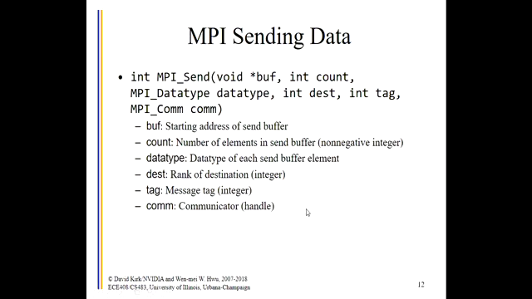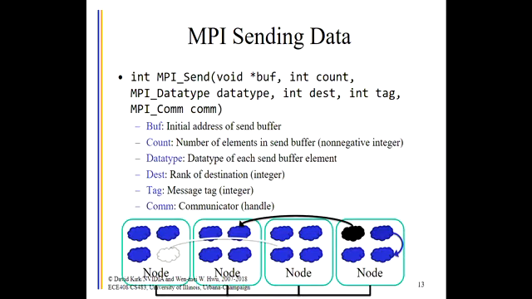The communicator essentially tells you which group will be involved in the send and receive, how many MPI processes will be involved. Typically, we just use the world, so that essentially all the processes involved in this application should be listening to the send.